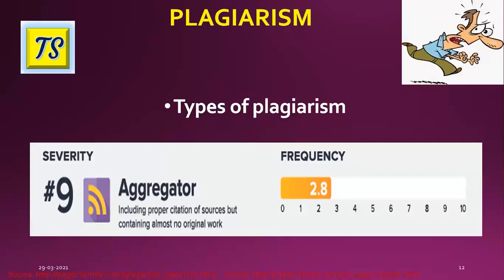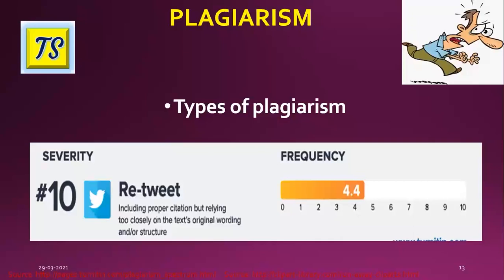For supporting purposes, we use the literatures. It is not the purpose to reproduce others' work as it is. Even though you give the proper acknowledgement, it won't be accepted. It will be treated as aggregator type plagiarism. Because as a researcher, your own ideas need to be expressed. The frequency it shows out of 10 is the 2.8 level.